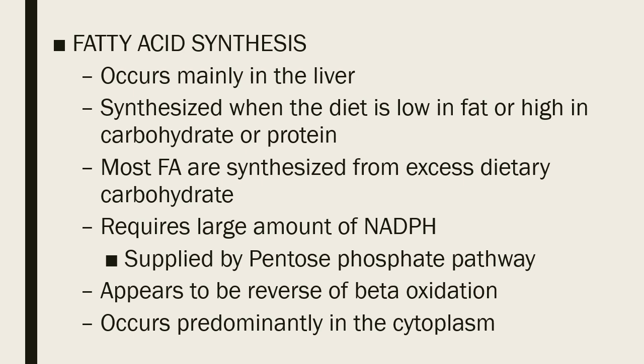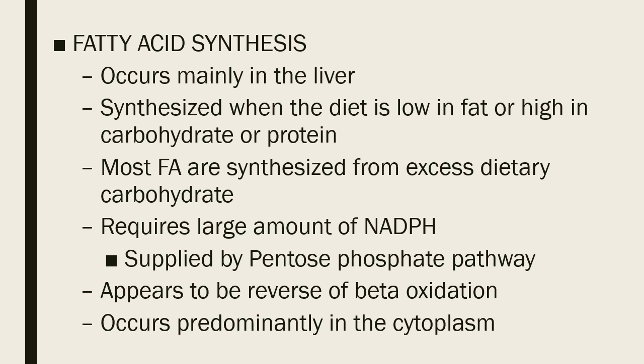Actually, this fatty acid synthesis occurs in two phases. The first phase is the carboxylation of acetyl coenzyme A to form malonyl coenzyme A, catalyzed by acetyl coenzyme A carboxylase.